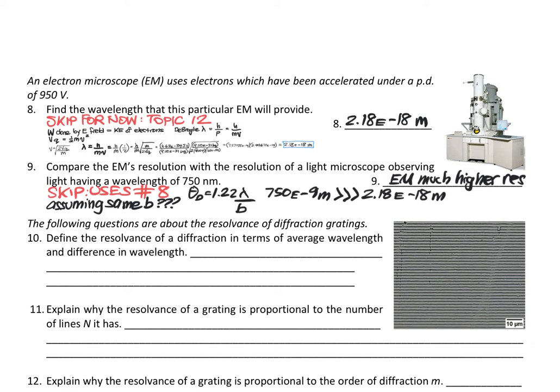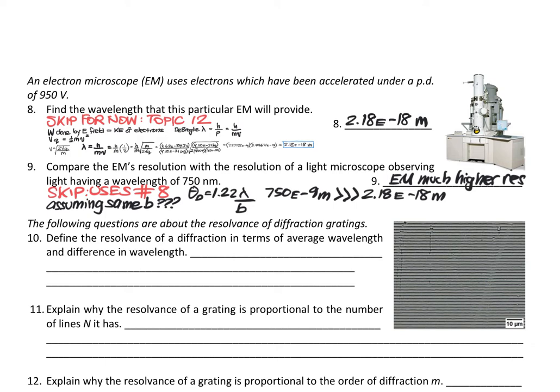I don't really even know what an aperture means for an electron microscope. But assuming the same aperture, I know that the wavelength of light, 750 nanometers, is way larger than 2.18 times 10 to the negative 18 meters.